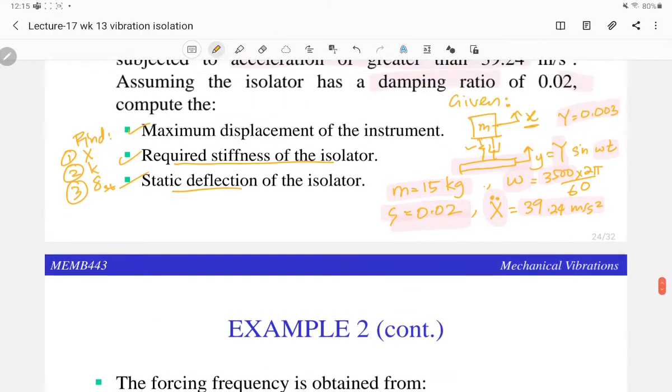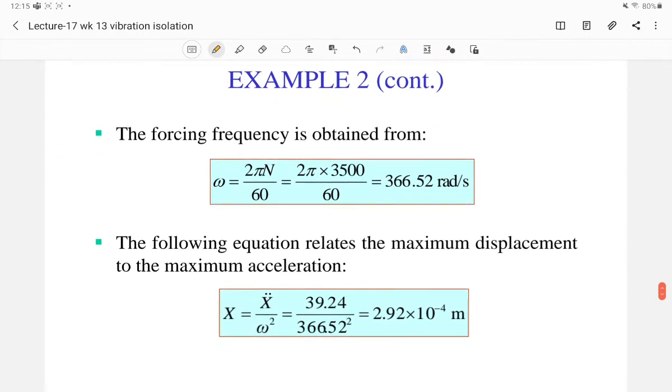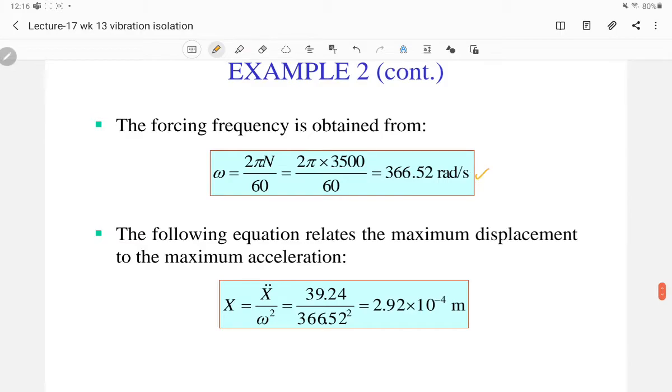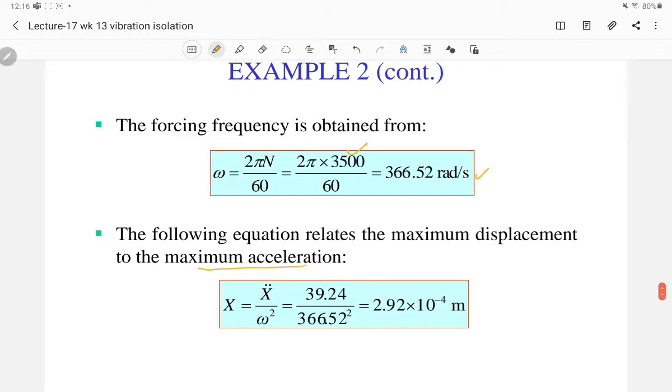So we have all these parameters. First of all, we can change the units of omega, we have it in radian per second now from the 3500 rpm. And then they give you the acceleration. From that information, you can get the capital X, the first thing that you want to find, the maximum displacement of the precision equipment.